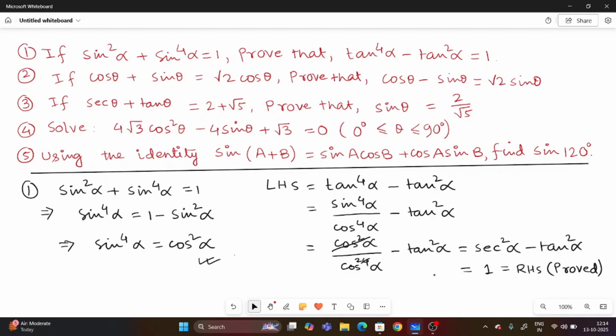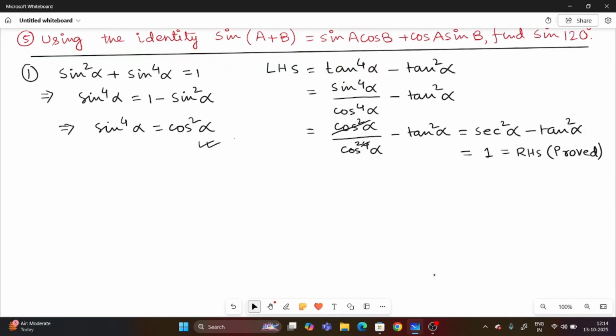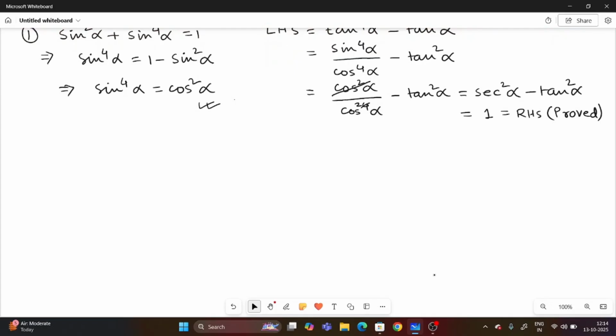Now we are going to solve our next question, that means question number 2. What is given in the question? Cos theta plus sin theta is equal to root 2 cos theta.